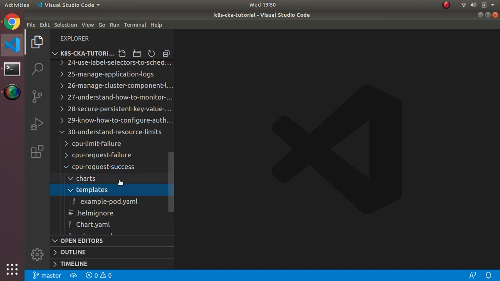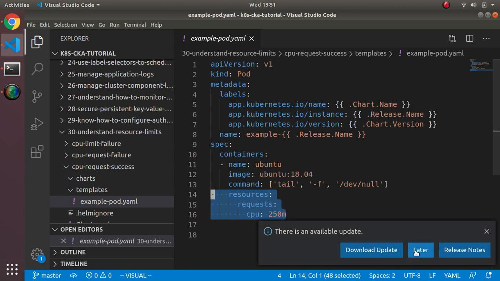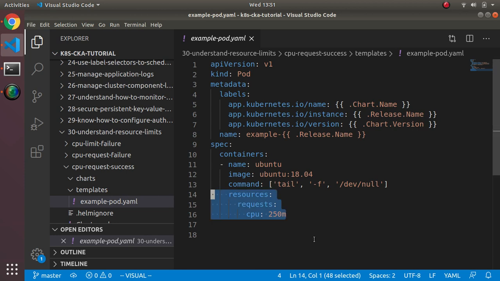Okay, so I'm making a pod. It's just Ubuntu. What's new is this section under resources. This container is requesting a quarter of a CPU, 250 m. There's only one container, so the whole pod is essentially only asking for this.